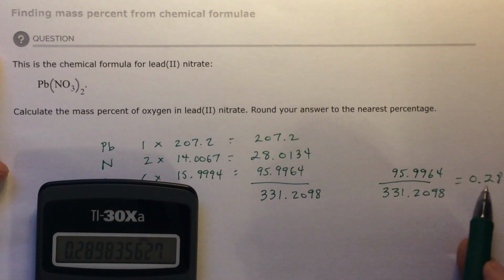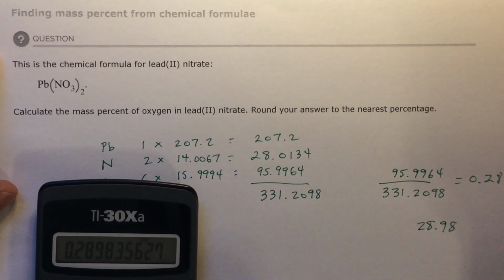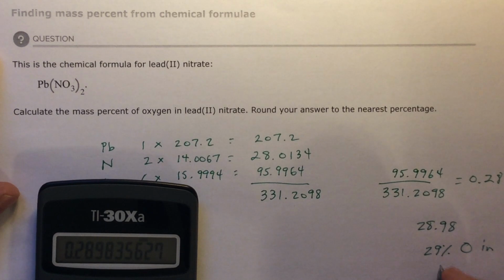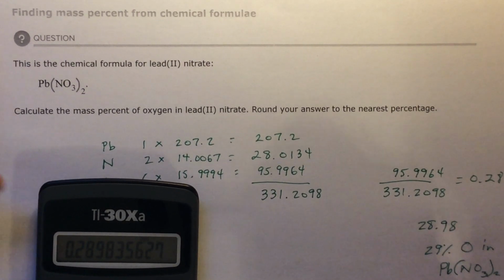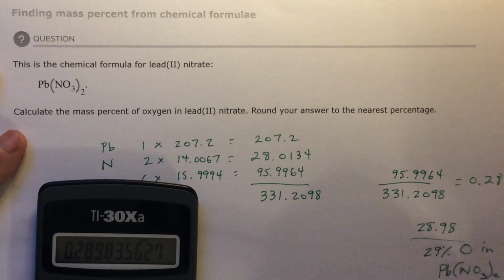So when I multiply by 100%, it's going to be 28.98%, rounded to the nearest percent. So the nearest percent would be 29%. Okay, 29% oxygen in lead nitrate.